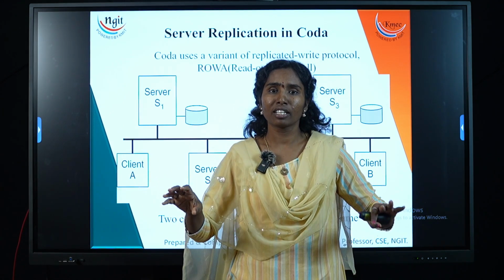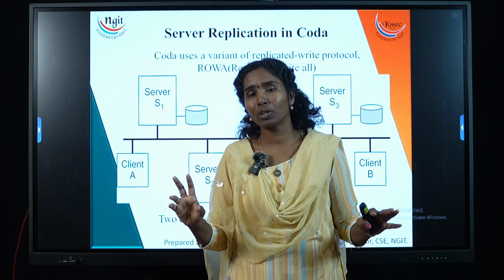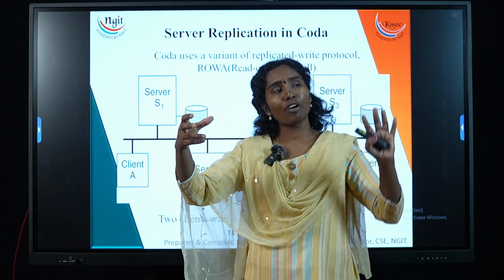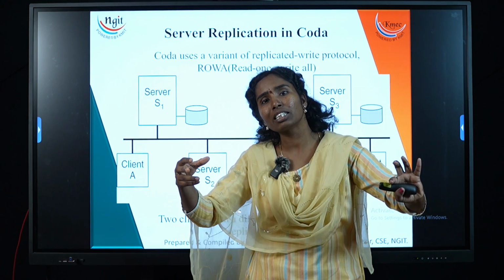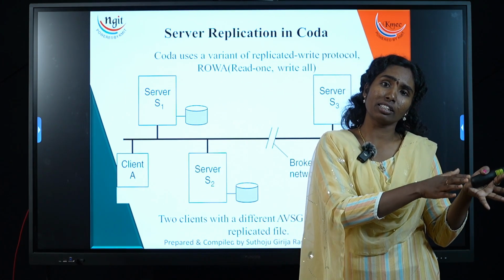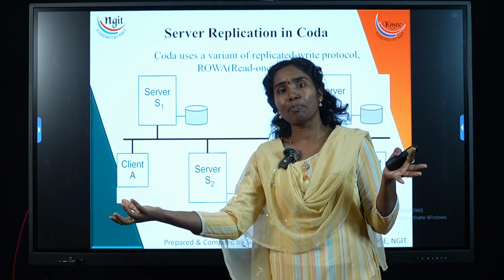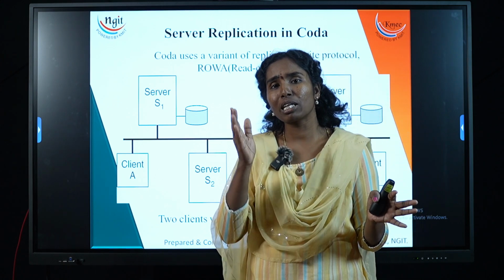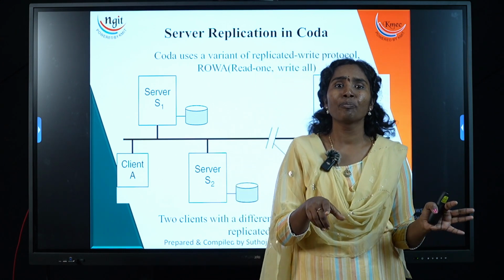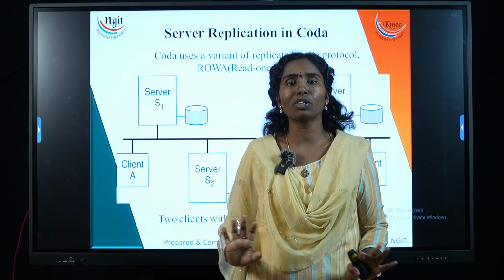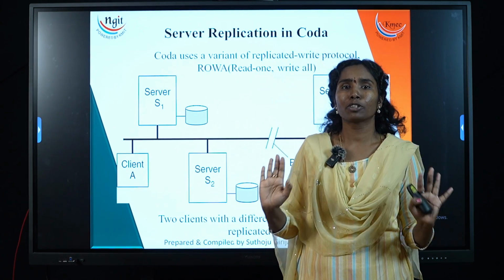For these reasons, server 1 will maintain replicas of the remaining servers, and similarly on either side the servers will maintain replicas of this content. So if any breakage happens, we will be readily available with the content to all the clients without disturbing our procedure, right?